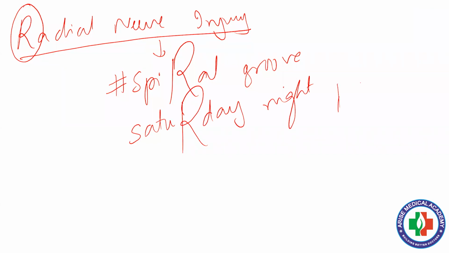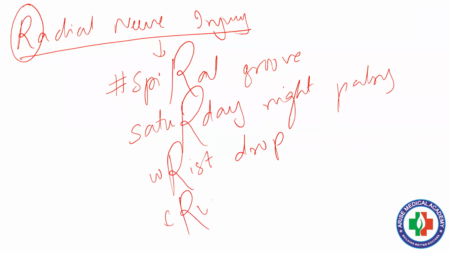Saturday night palsy will cause wrist drop, and will cause what is called another R: spiral groove, Saturday night palsy, wrist drop, and also will be associated with crutch paralysis. So these are the important clinical terms that you'll get through.